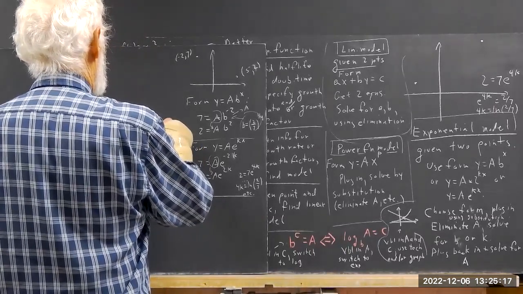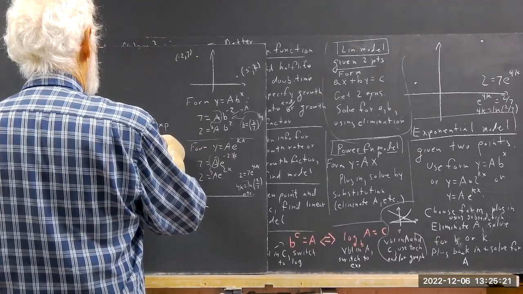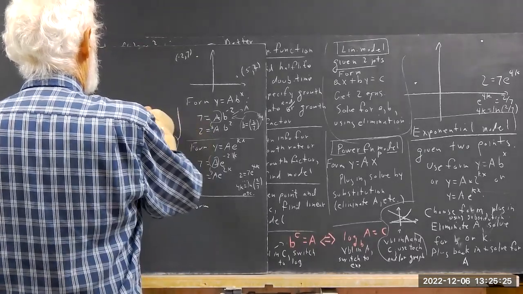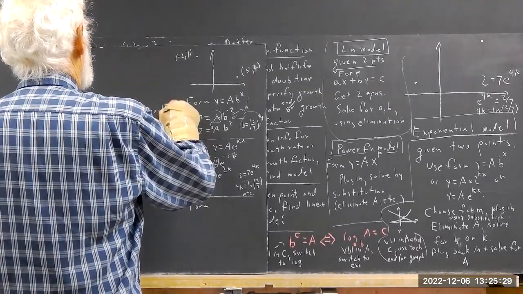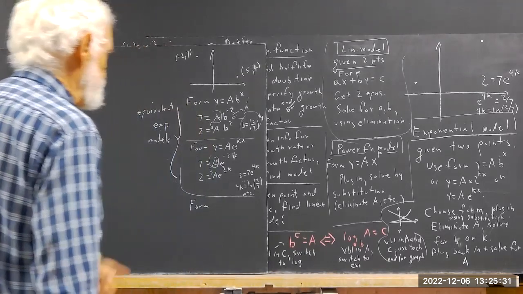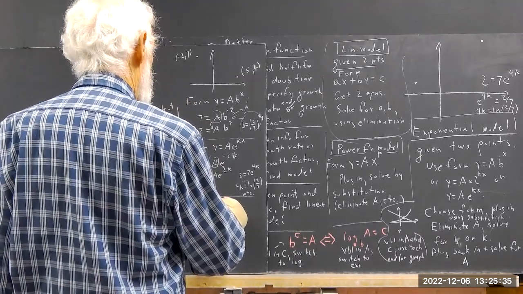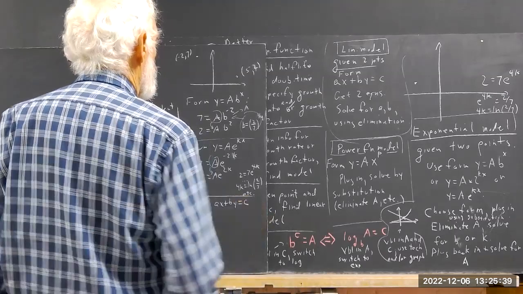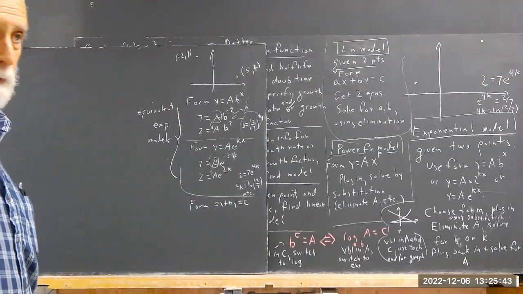These are exponential. They're equivalent. Exponential model. If we use the form ax plus by equals c, write down the equations you're going to get for those points.